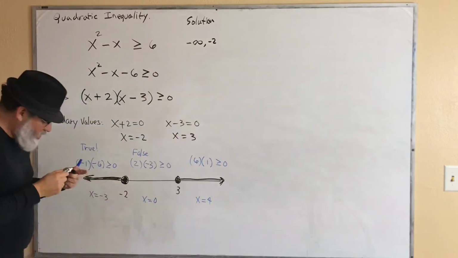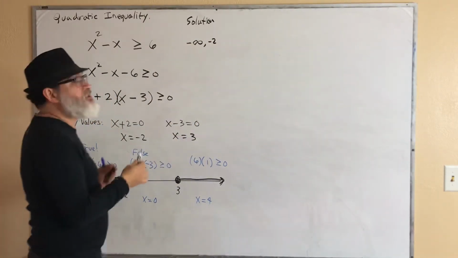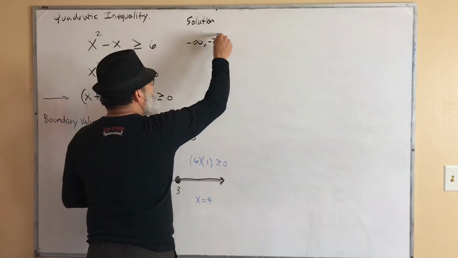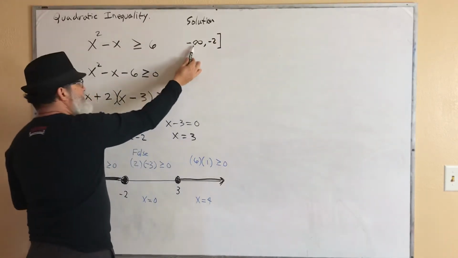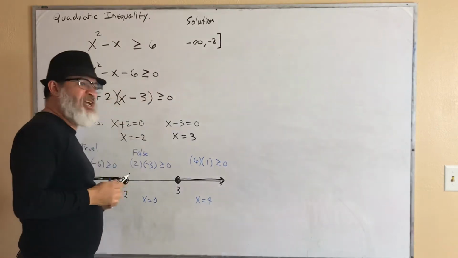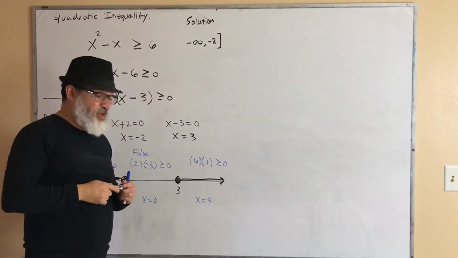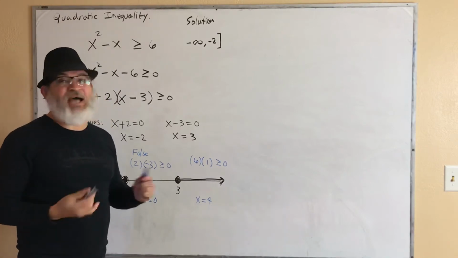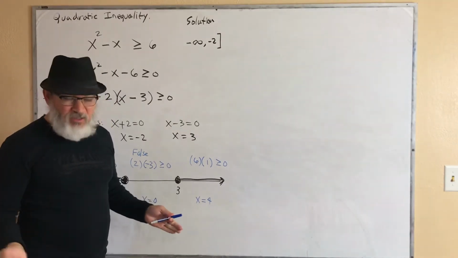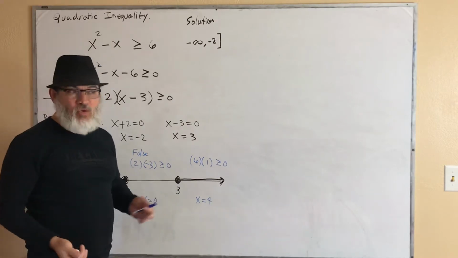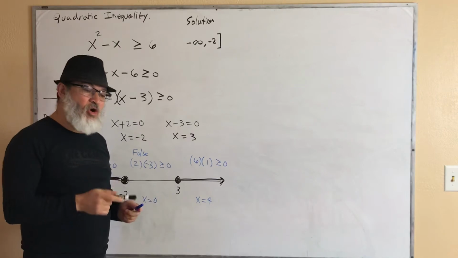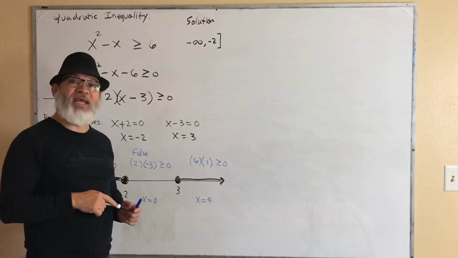Because it's closed, it's included. The negative 2 is included, so we use brackets. You never get to negative infinity. If we start walking towards negative infinity, we're going to get old and we're going to die and we'll never get there. So that's why we can never include negative infinity. Therefore, negative infinity is always parentheses, open.